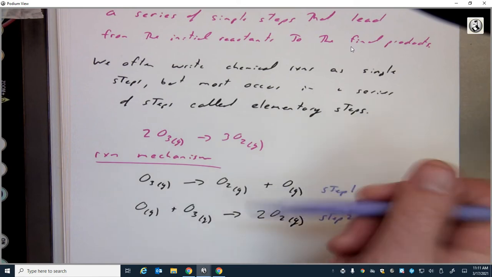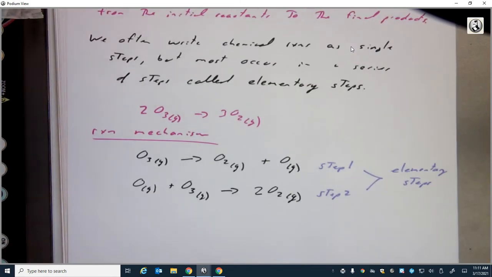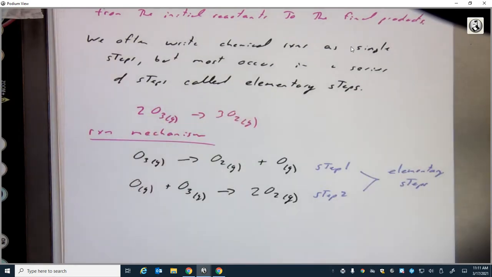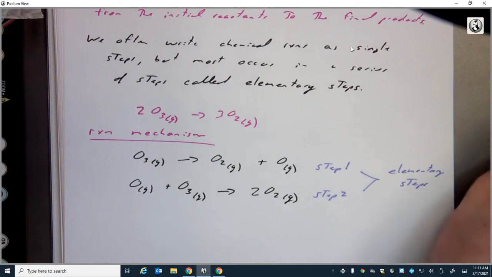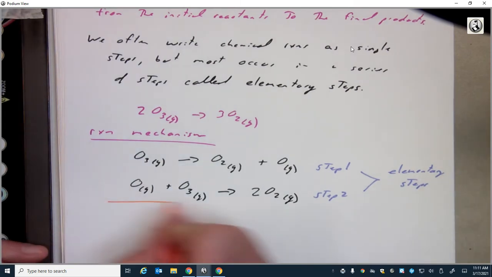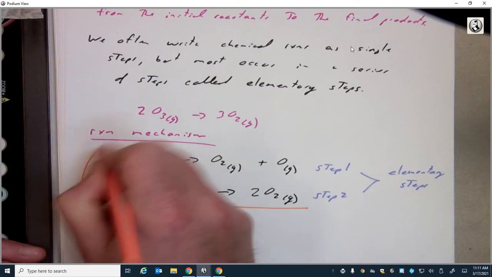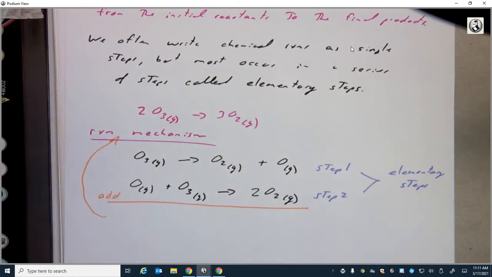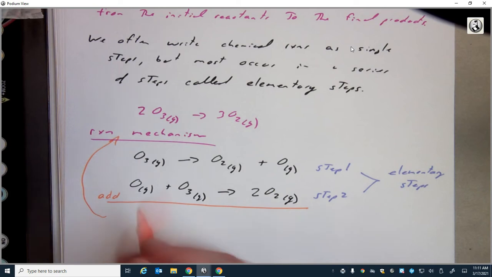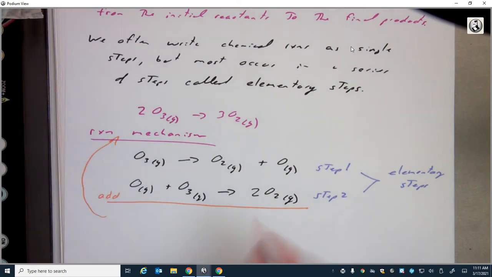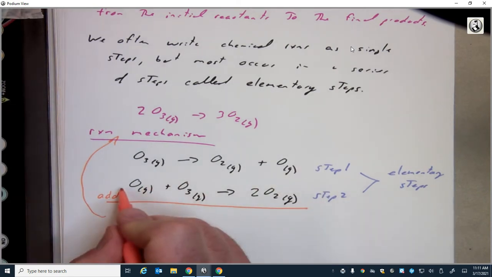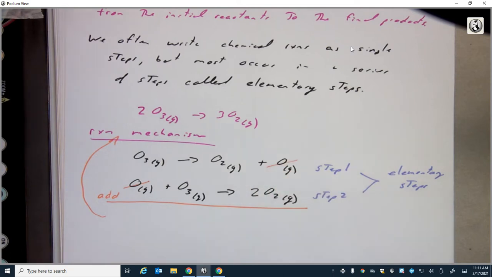Now, if you add up your elementary steps, it better equal the overall reaction. So if we add these, let's use orange, it better equal this guy up here. So let's go ahead and add these. Well, what happens? These O's cancel.